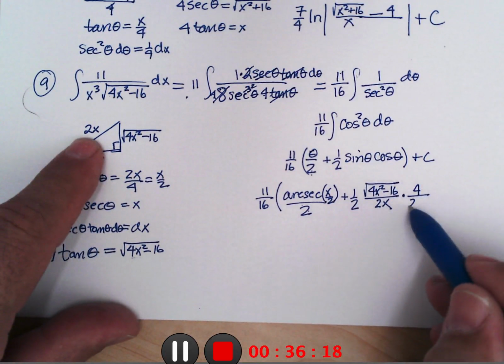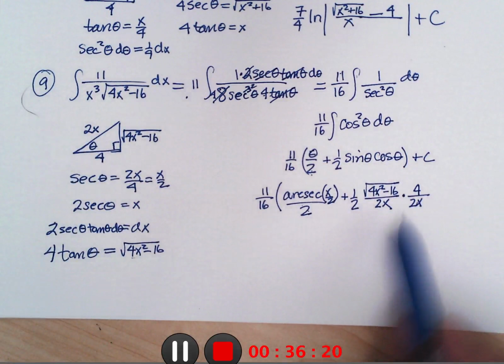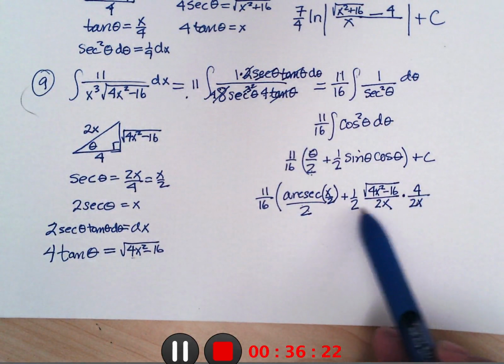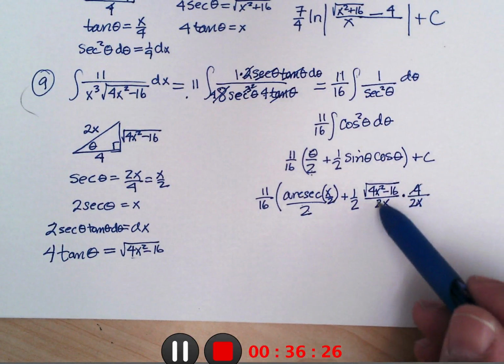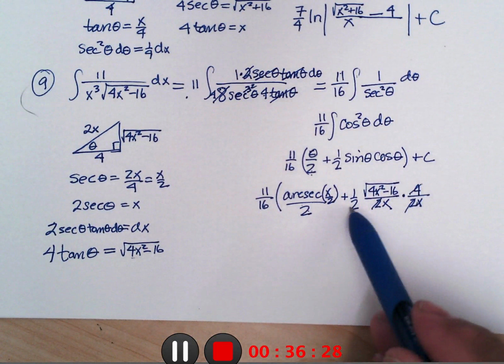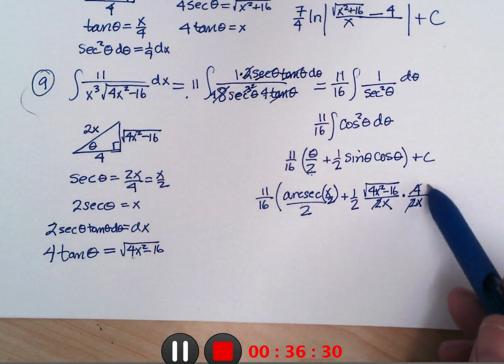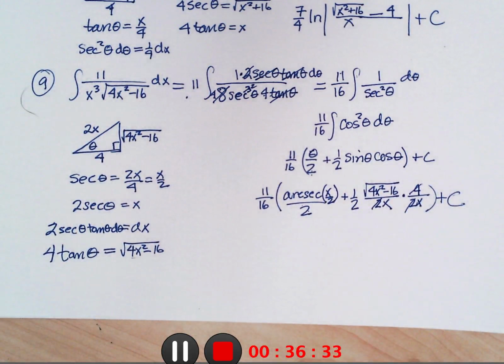These are times, so I'm not doing common denominator, so I'd actually get an 8 on the denominator, but the 4 would cancel these two, so it's just 2x squared, and that in the numerator plus c. And that's good enough for me.